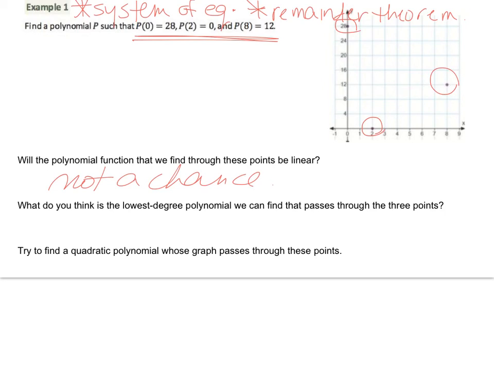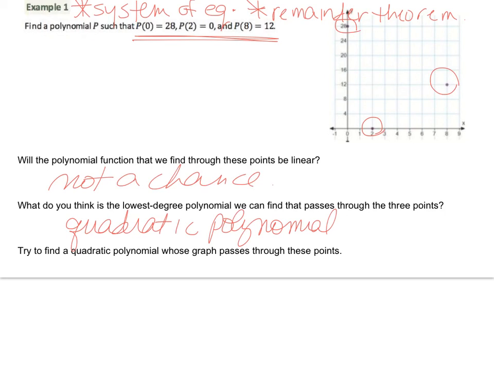Okay, what do you think the lowest degree polynomial we can find that passes through 3 points is? Okay, if we have 3 points, then we're going to try to fit a quadratic polynomial, so they're going to seem to lie on a parabola.